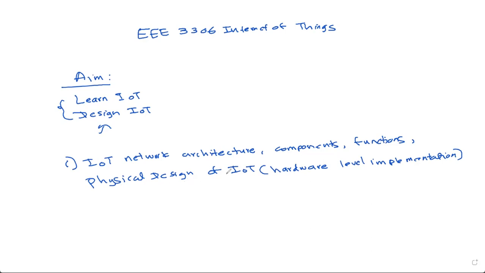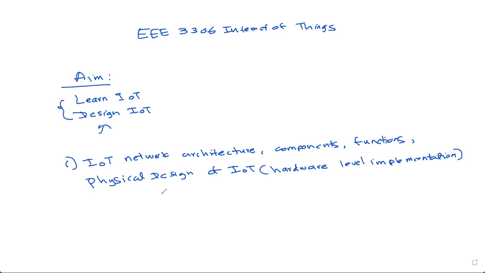So we will be talking about the physical layer, the link layer, network layer, transport layer, application layer, and so on. So we have basically the layers related to the OSI model, right? So we will be following that same model.